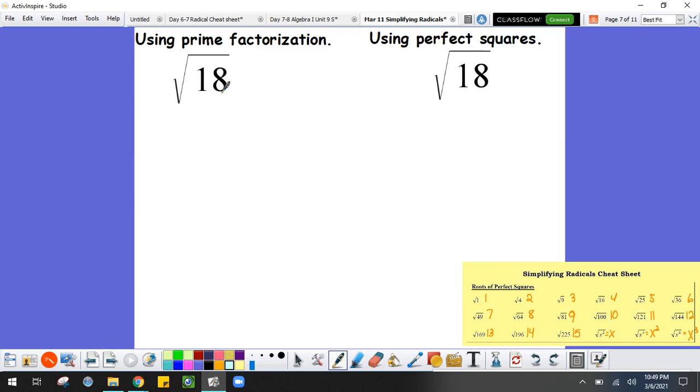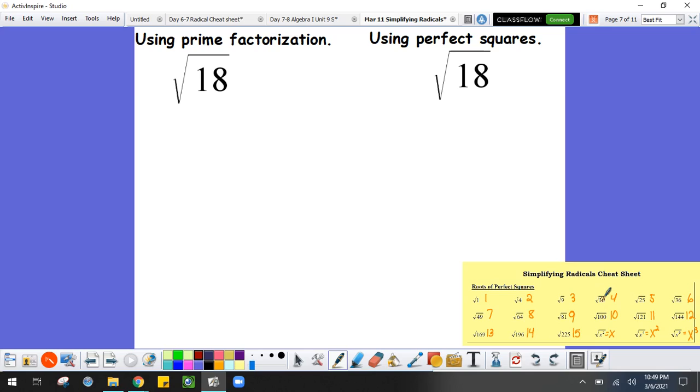So we're going to talk about two ways. One way is prime factorization, which I find that many students like to use. And then other students who are excellent with their multiplication tables might prefer to use perfect squares. So I'm going to do perfect squares first. My number is 18. I come down here, there's 16 and 25.